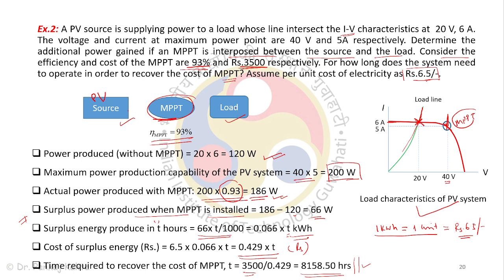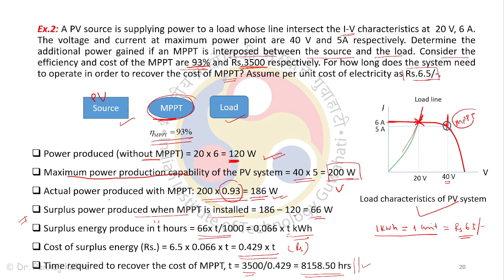rupees 6.5. If you want to know the power produced without MPPT, it will be simple, your 20 into 6, right, corresponding to this load line. This will be the power produced. What is the maximum power production capability of the PV system? The maximum power corresponds to this maximum current and voltage, that we know.